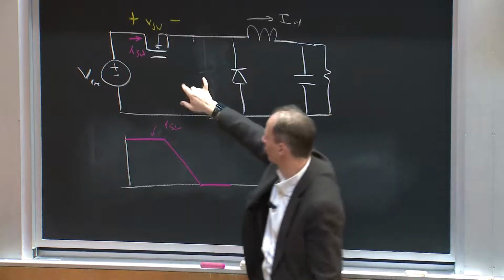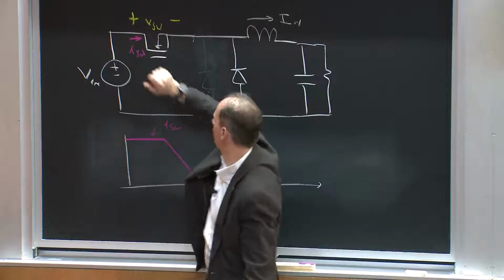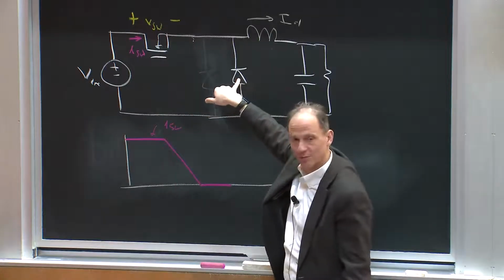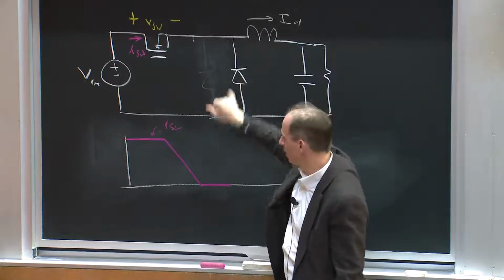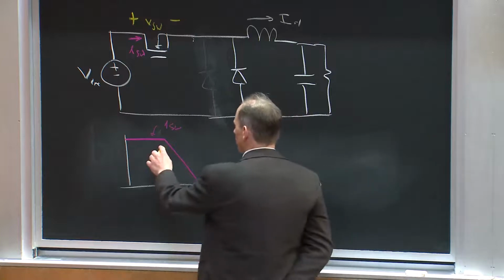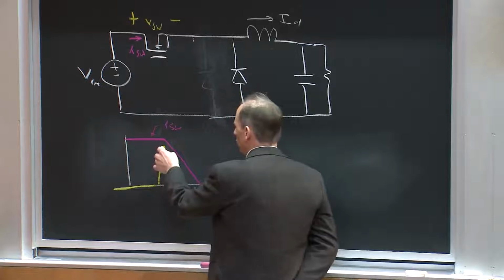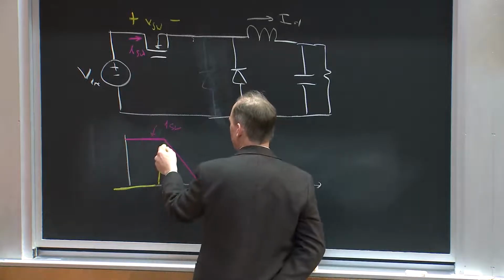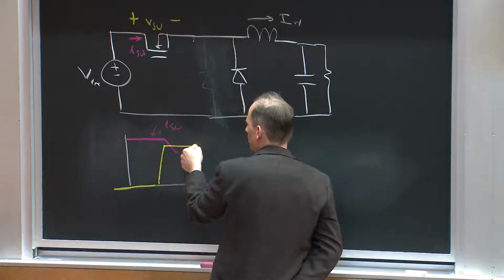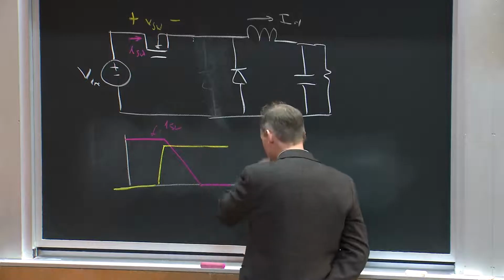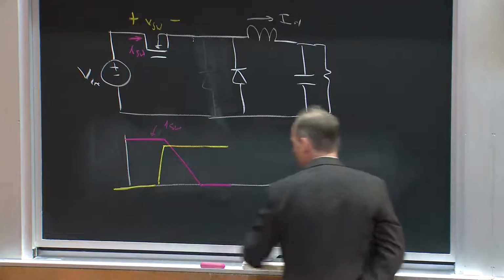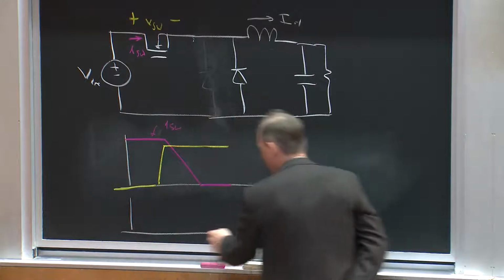That means that the switch voltage must go up to Vin before this diode can start picking up current. So I might expect that the switch voltage has to rise from 0 to Vin, at which point the current in the switch can start falling. So I'm going to have some switching transition.